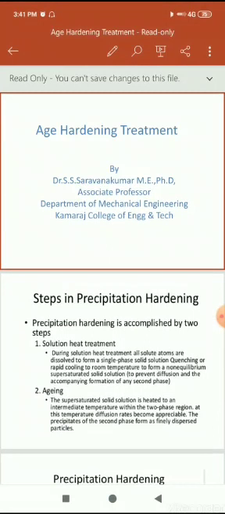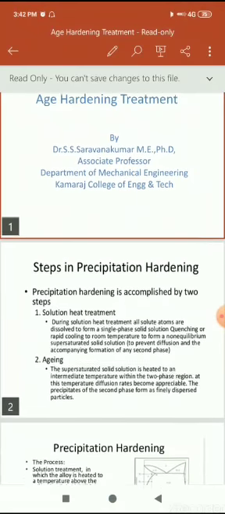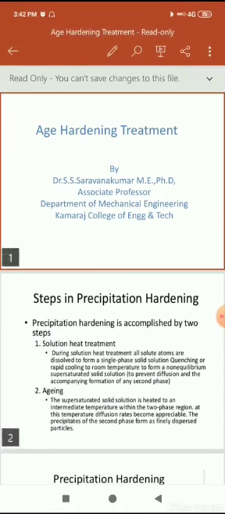Now come to the topic, that is age hardening treatment. If you take the 2000 series, it is termed as aluminum 96% and the remaining 4% copper. This material was normally used as rivet material in aircraft in the old days, but it has now been replaced by the welding process.